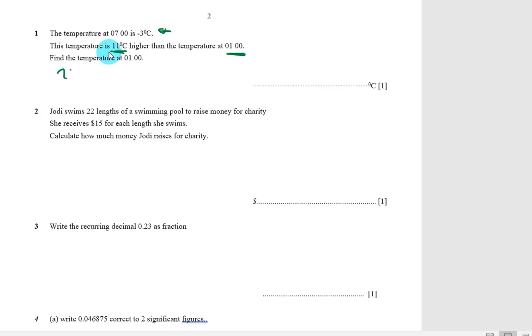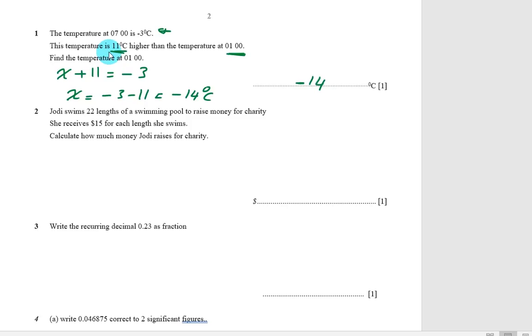If we assume the temperature at 1 is x, then x plus 11 will equal minus 3. So x, the temperature at 1, is equal to minus 3 minus 11, which is minus 14 Celsius. So the temperature is minus 14.